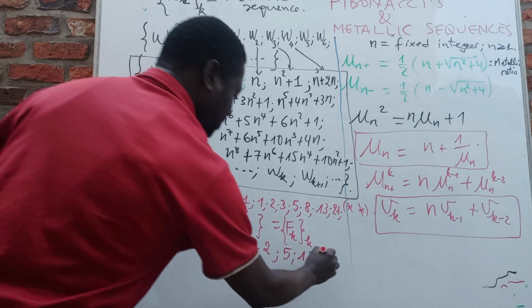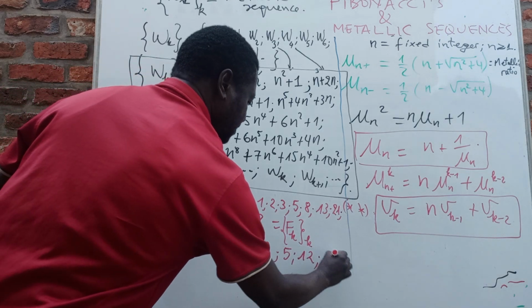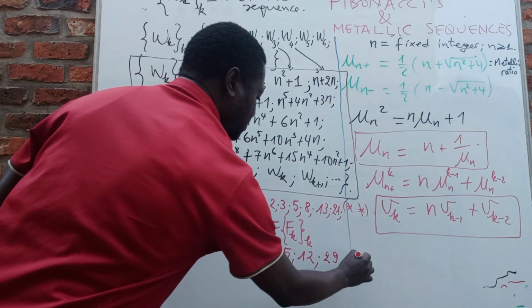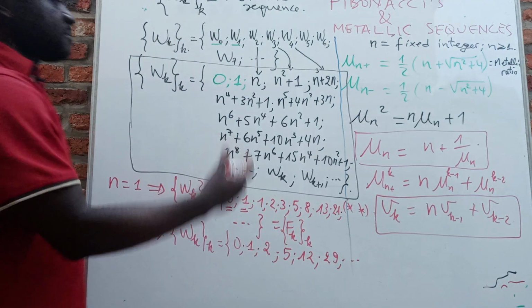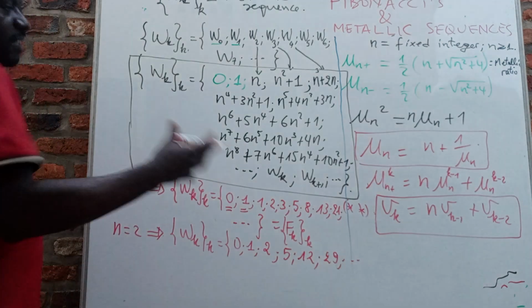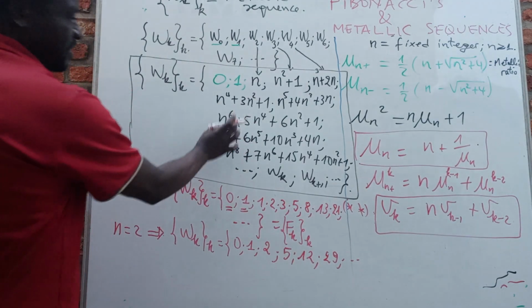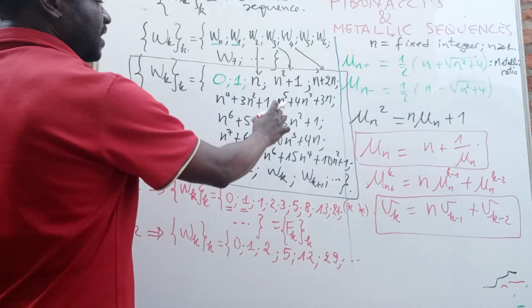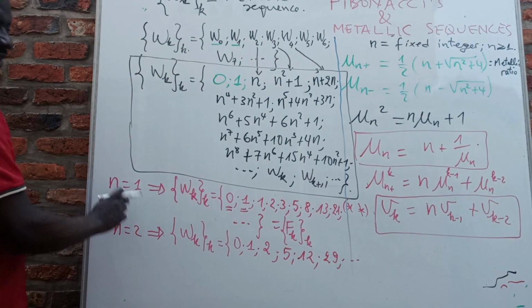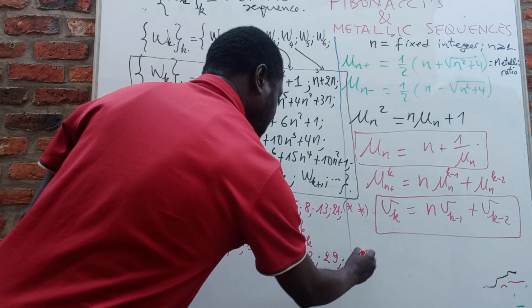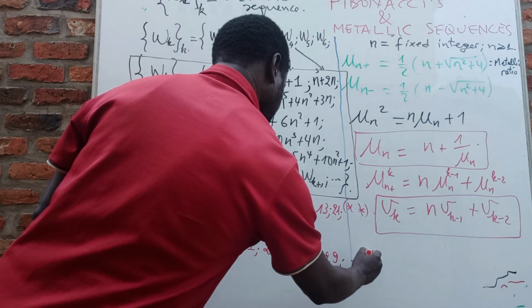Plus 1 is 29. Okay, and so on. Because calculation of powers of 2 becomes a little bit confusing. It is not as direct as we had for n equal to 1. So this continues, and so on and so forth.